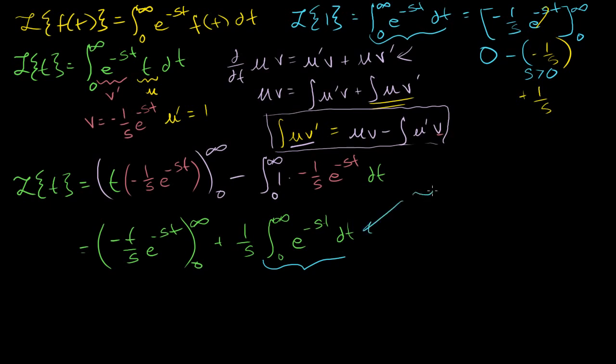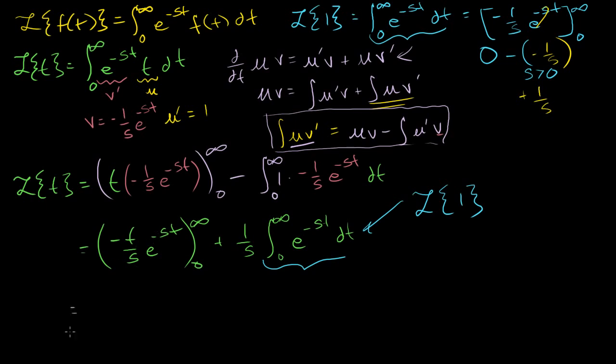So this right here is the Laplace transform of 1. And I want to write it that way because we're going to see a pattern of this in the next video. But what is this equal to? We're going to evaluate this at infinity, and then subtract from that, evaluate it at 0. You can kind of view it as a substitution.